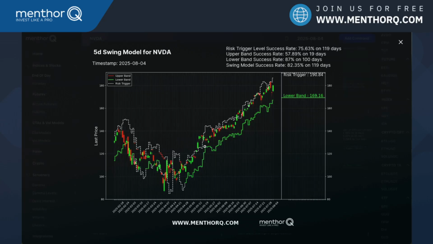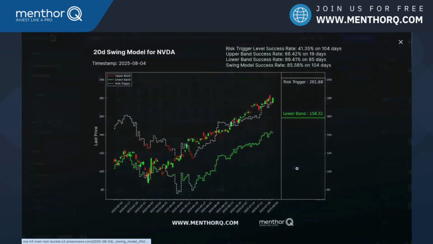So over the period in this chart, which is 119 days, we saw a lower band on 100 of those days, and out of those 100 days, the lower band had a success rate of 87%. On the other hand, the upper band was only present on 19 days, and we had a success of 57.89%.